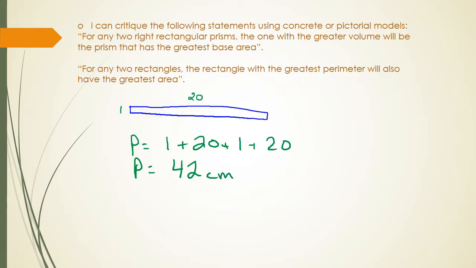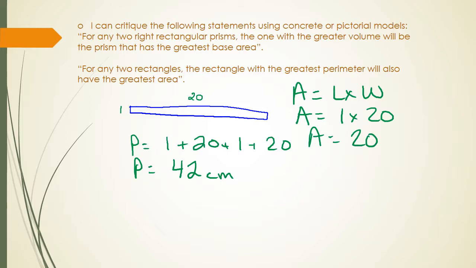The area of that same shape, length times width, 1 times 20, is 20 centimeters squared. Good to go? So for any two rectangles, the rectangle with the greatest perimeter, so if I increase the perimeter, it's going to increase the area.